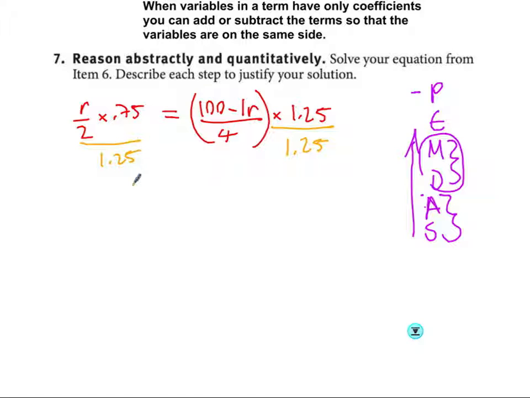Okay, so this basically, 1.25 over 1.25, that becomes 1. And what we have here is r over 2 times 0.75 over 1.25 is equal to 100 minus 1r over 4.